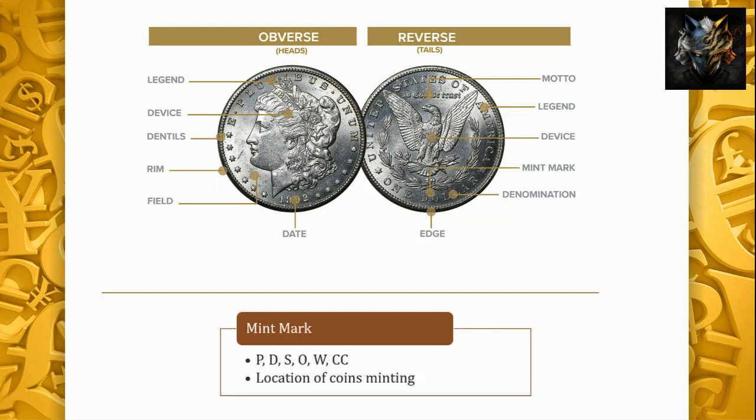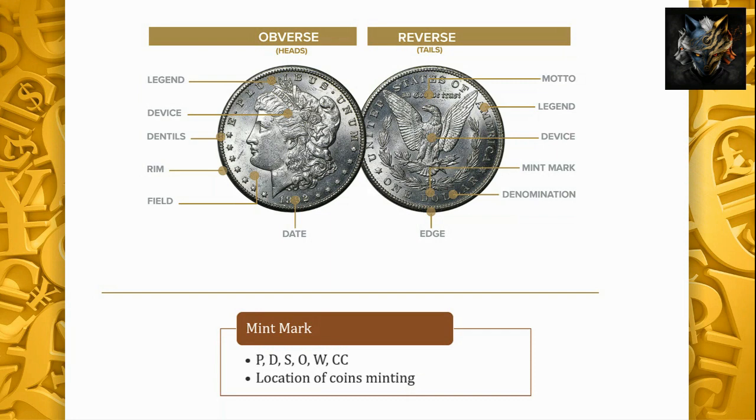Now, the mint mark is a small mark that is a single or a double letter. There are coins, like Mexico's, that will have Mo, which stands for Mexico City. So it's important to understand your local coinage and where it comes from.